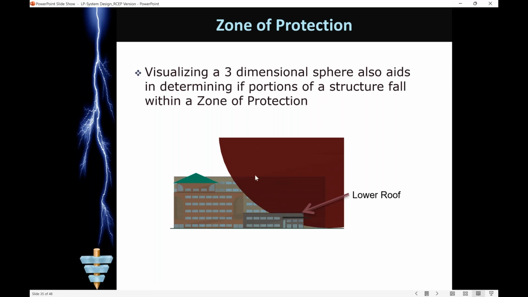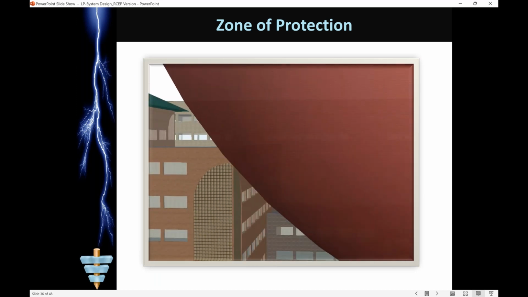Again, here's this sphere rolled up tangent with the earth connected to an air terminal. Theoretically, this lower structure may be in the zone of protection and does not have to be protected. Here's a better picture.